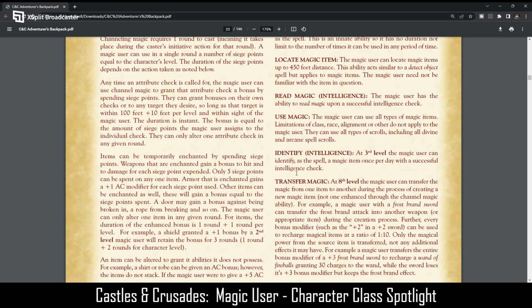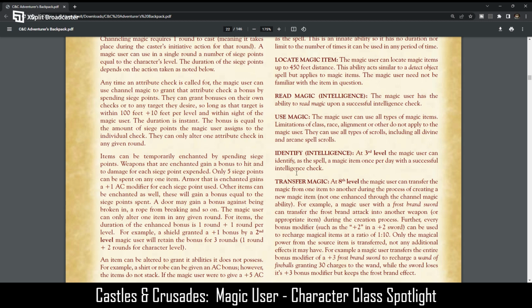Other items can be enchanted as well. These will gain a bonus equal to the siege points spent. A door may gain a bonus against being broken in, a rope from breaking, and so on. The magic user can only alter one item in any given round.